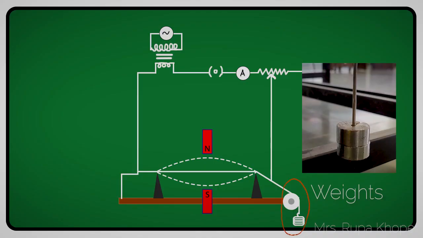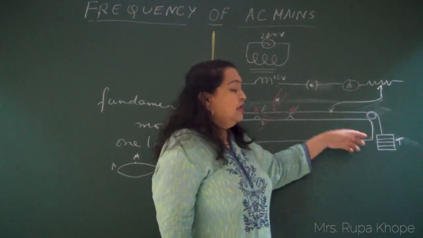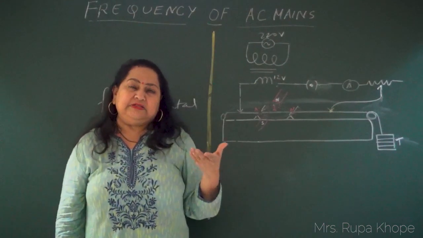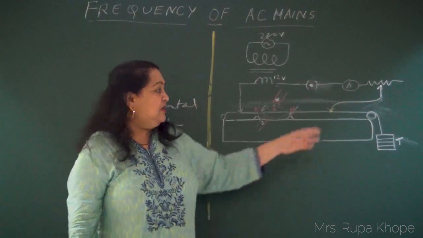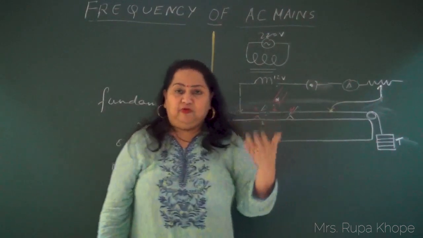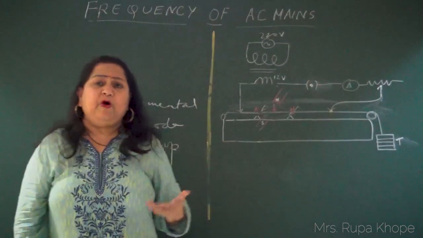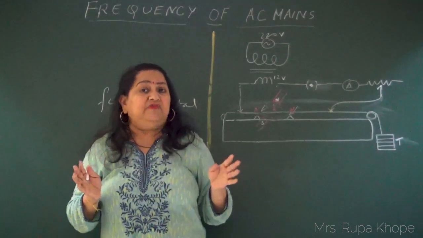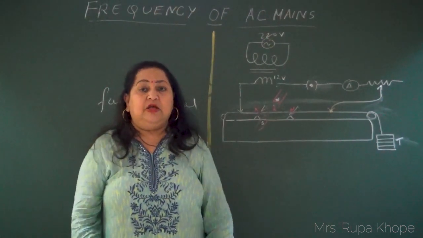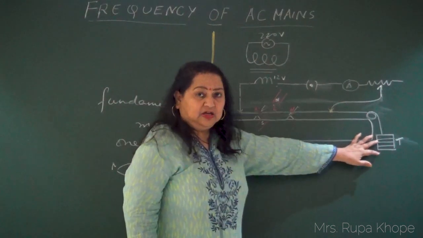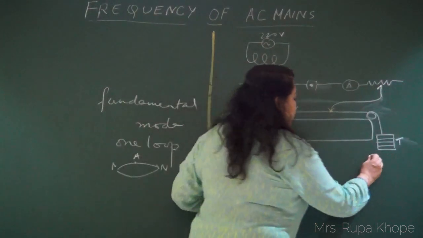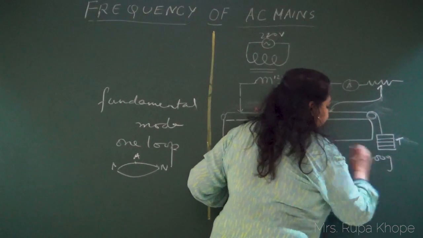Have you seen one thing over here? We have suspended some tension, that is mass. First time you put a hanger mass of 200 grams. So pulley here, then 400 grams, 500 grams, and we keep on increasing and take 4 different readings for different masses. As the tension goes on increasing, suppose the mass is 200 gram.